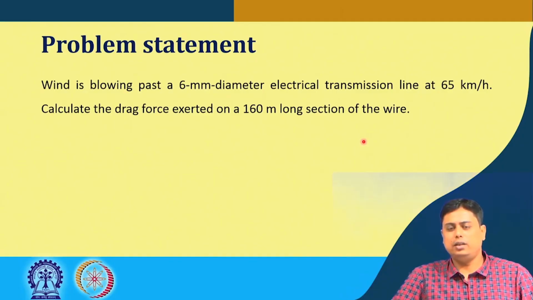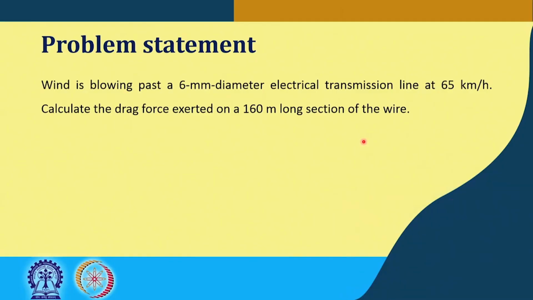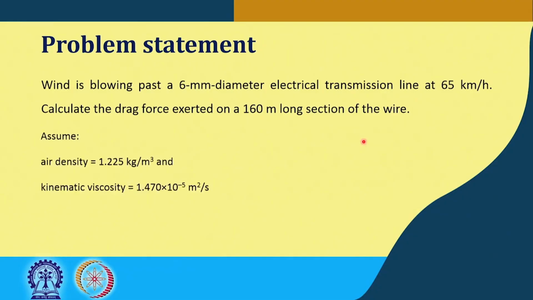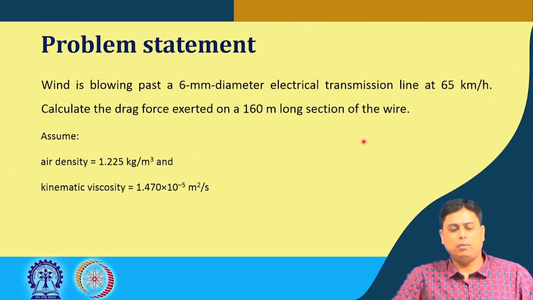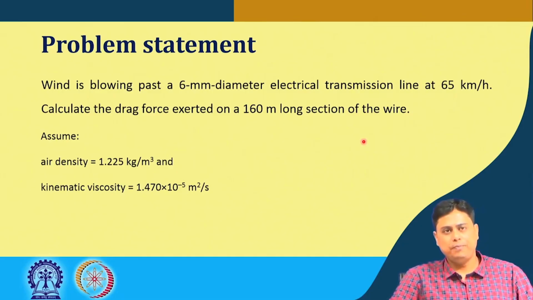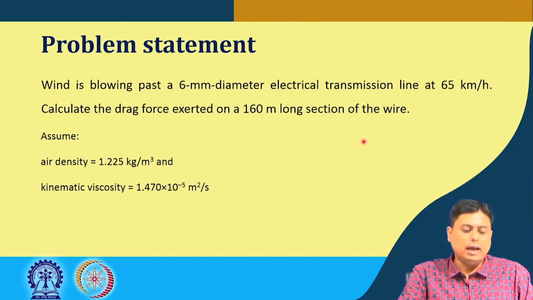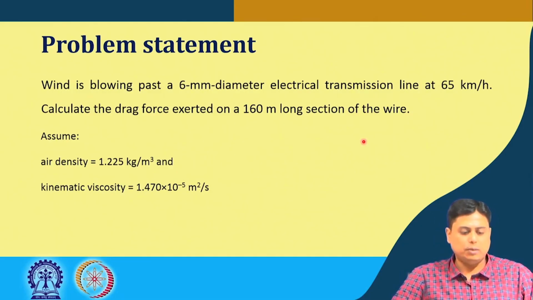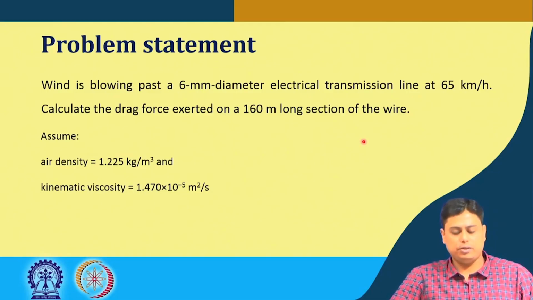Let us say it is the distance between two poles of this electrical transmission line. Here you can assume that the air density at that particular condition is 1.22 kg per meter cube and the kinematic viscosity has the value 1.47 times 10 to the power minus 5 meters square per second.